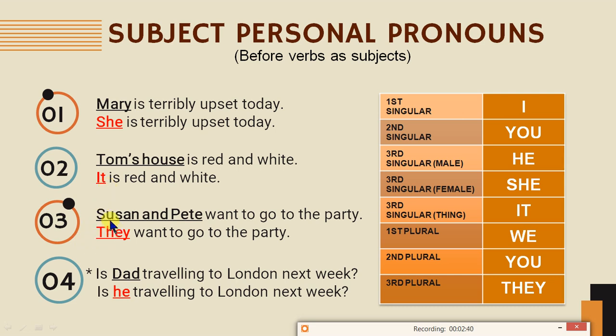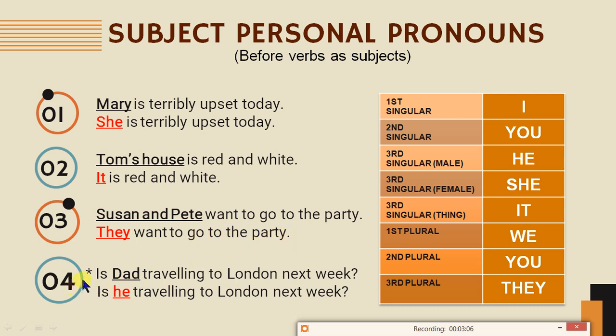Next example, Sushan and Patty want to go to the party. Sushan and Patty, they are two persons. It means one person is Sushan and the second person is Patty. So for two persons we are able to use in grammar they. So just see, with the names, on behalf of what we are using they. They want to go to the party.